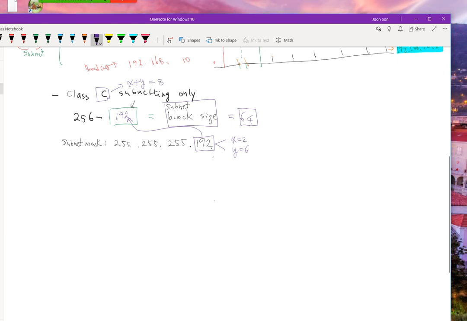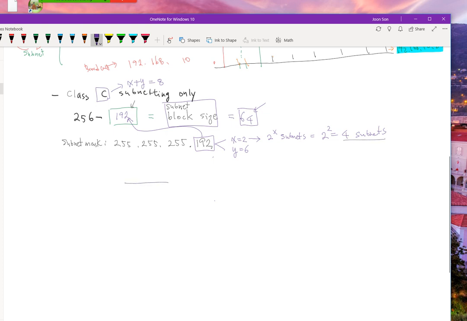From this, 2 to the x subnets means 2 to the 2, which is 4 subnets, and each subnet block size is 64. So what you can draw is this.